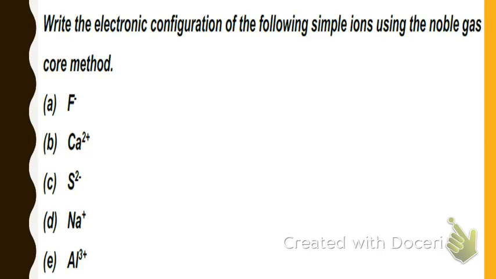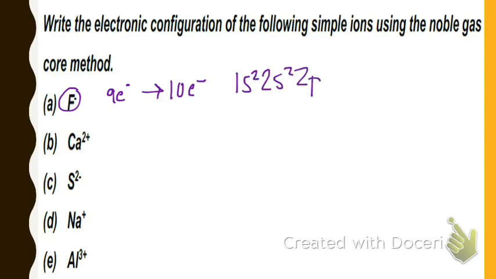Okay? And so in this case, we have fluorine, which is a -1. So normally fluorine has 9 electrons, but I've added this one, so now it's going to have 10 electrons. So it's going to be 1s2, 2s2, 2p6, which would be neon.